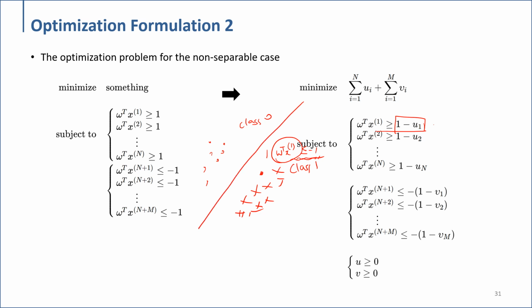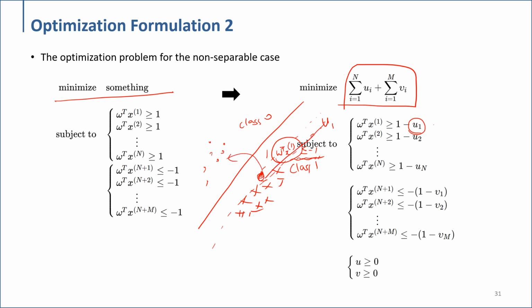By doing so, we are now able to find a proper decision boundary like this. By adding the additional variables u and v, our objective function should be changed to minimize these terms. With this allowing term u1, this data can be classified to class 0.